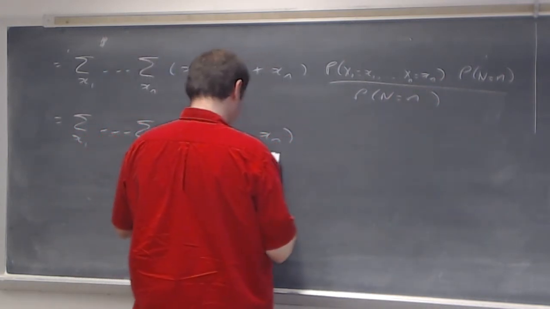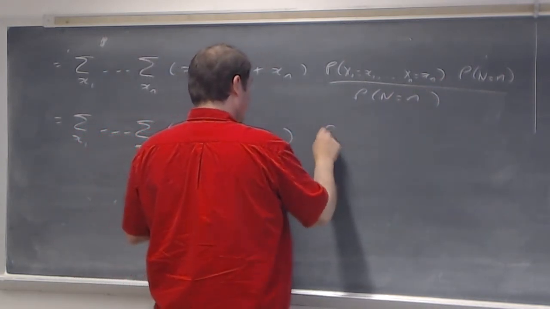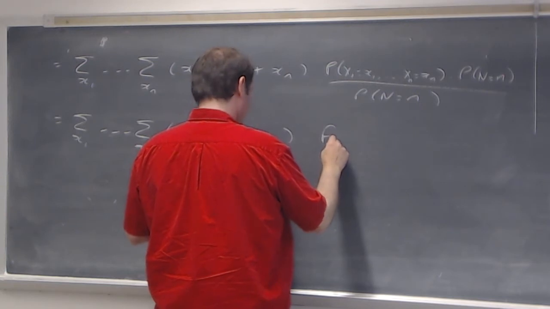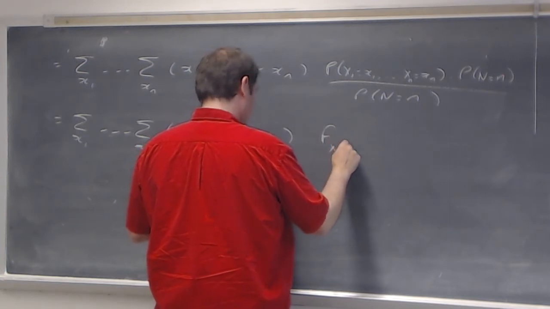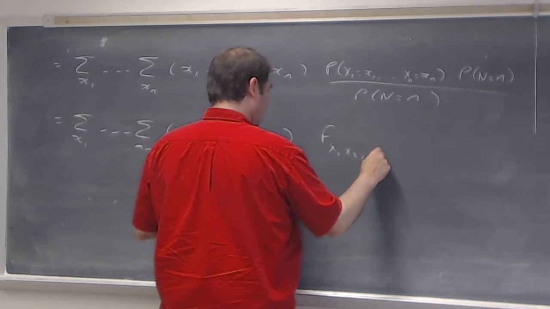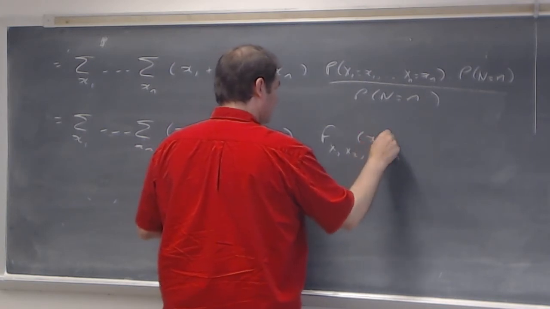These would cancel, and we'd just be left with the joint probability mass function for x of 1, x of 2, all the way up to x of n.